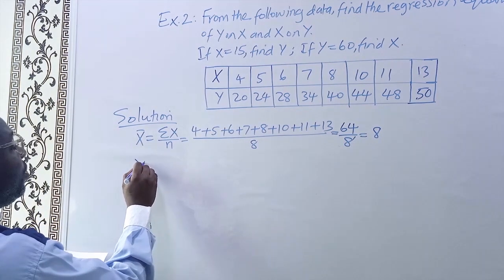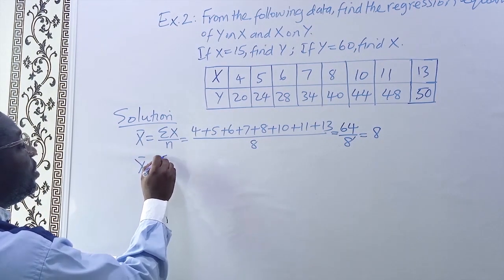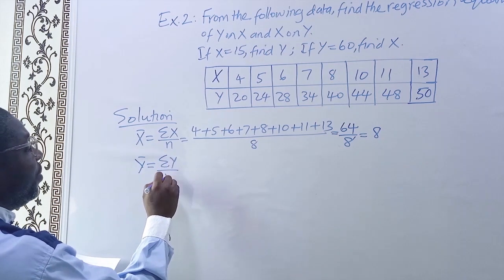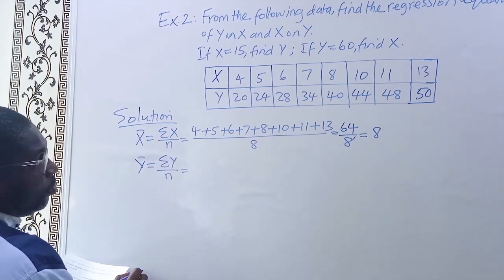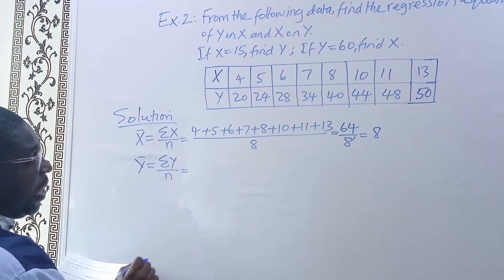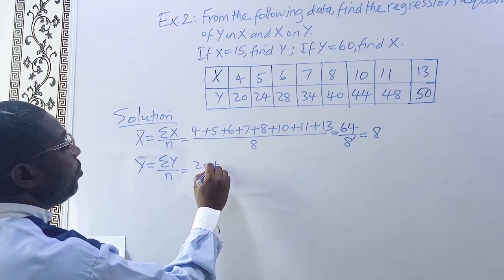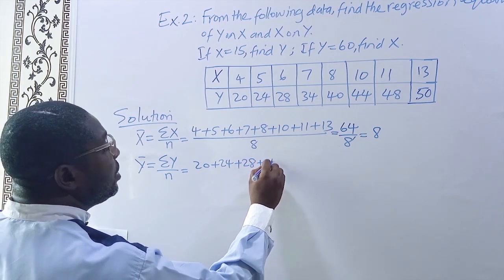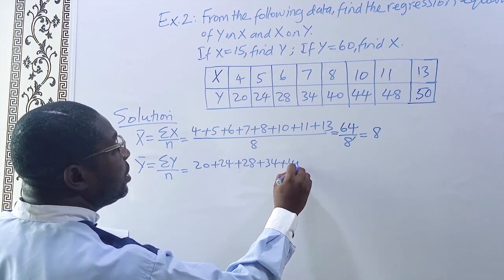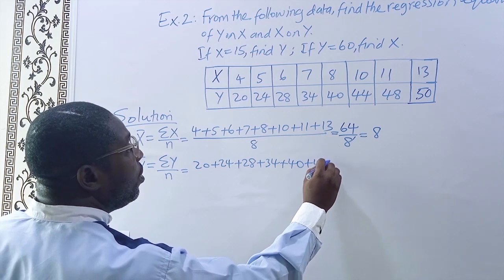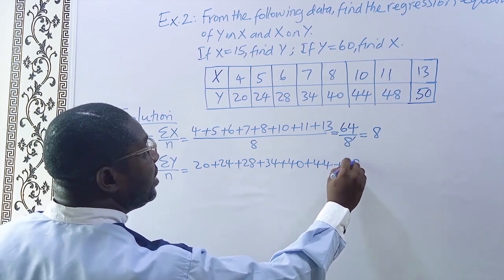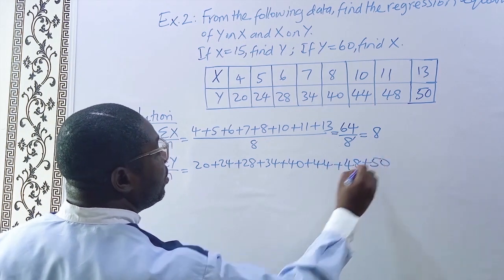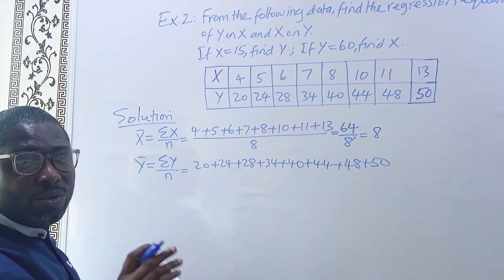Now, how about the mean of Y? Y bar is summation Y divided by N. So we add up all the values of Y, and we have 20 plus 24 plus 28 plus 34 plus 40 plus 44 plus 48 plus 50. Please painstakingly do this.